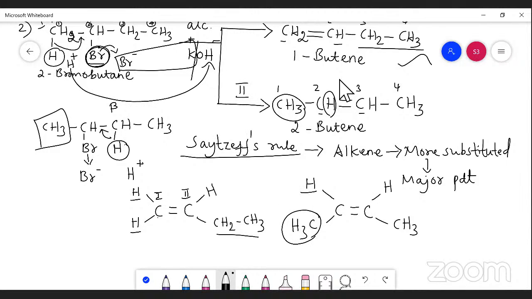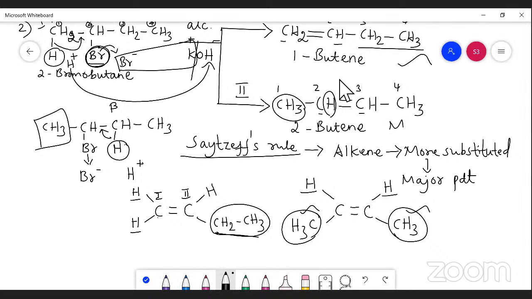And the second carbon also has one atom of hydrogen and one methyl group. So here only one group is substituted in the first compound. In the second compound, 2 alkyl groups are substituted.